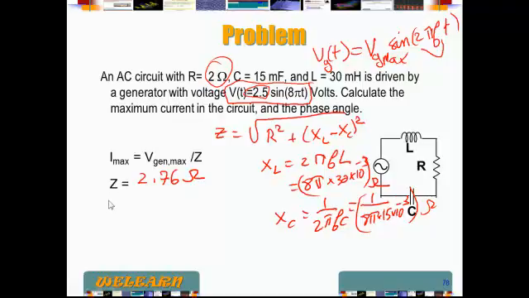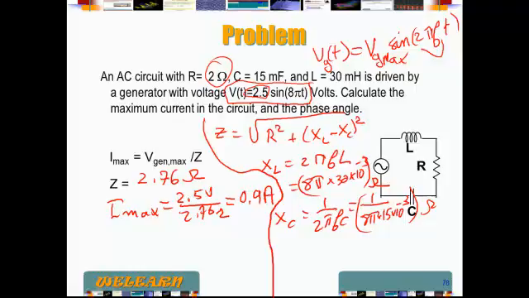So then I max is just 2.5 volts over 2.76 ohms, which is in this case 0.91 amps or 0.9 amps. The last question is to find the phase angle.